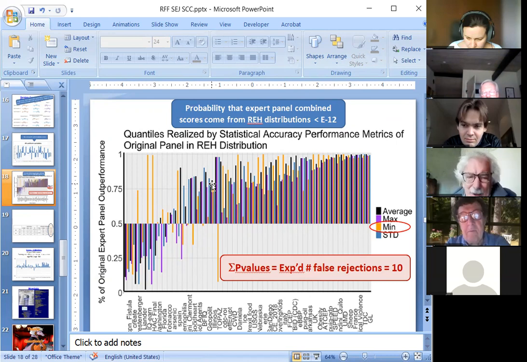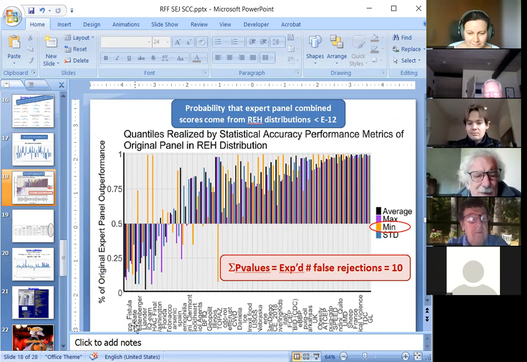So this scrambling has most difficulty in reproducing the behavior of the worst experts, right? There's a deep philosophical truth there somewhere, and I haven't found it yet, but it's something to think about.